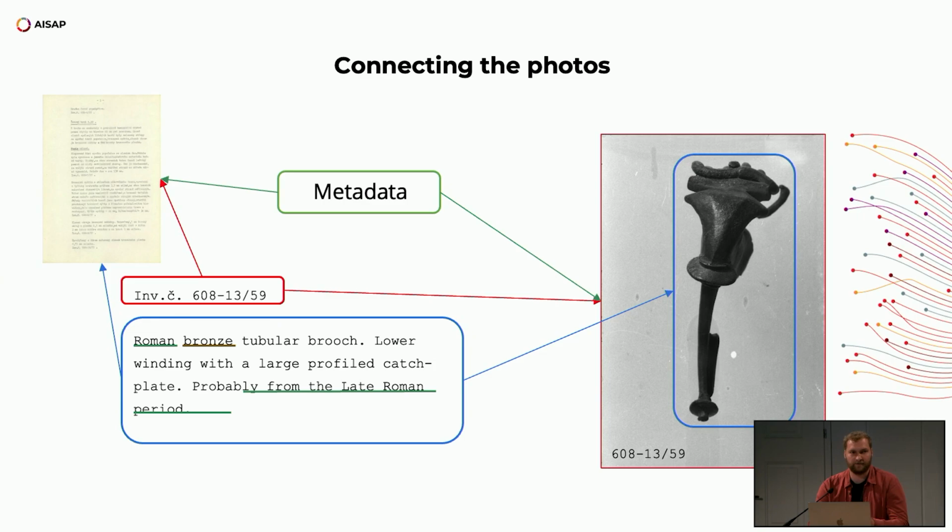With that, we are looking inside these documents. We are trying to find these inventory numbers or specific descriptions that suit these photographs with the help of metadata. For example, if we know that the author of this photograph is also the author of this document, it's most likely to be inside the same document.